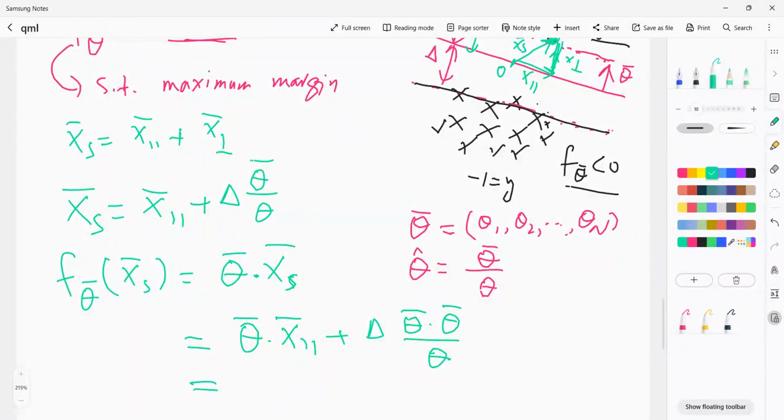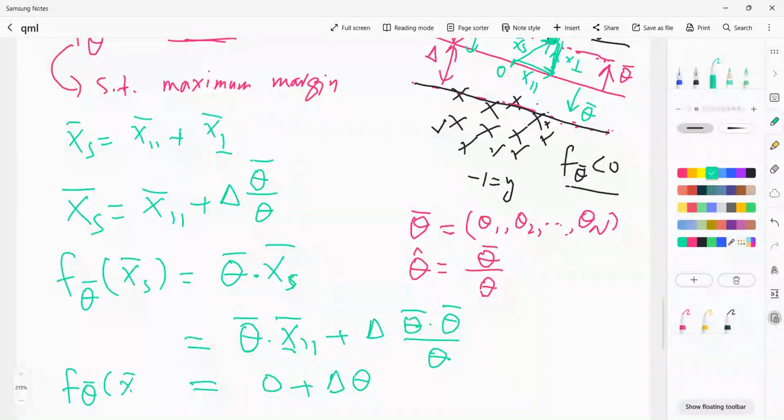We know that since this theta is perpendicular to the plane, and this x parallel is parallel, this dot product is 0. And this theta dot theta is nothing but theta squared. So one theta cancels below, so this becomes delta times the magnitude of theta.